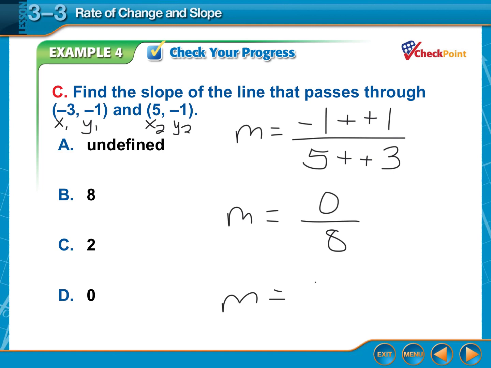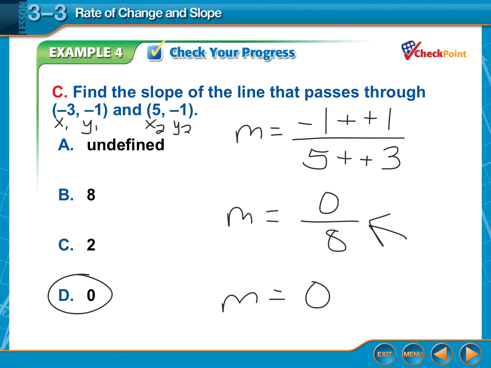0 divided by 8. Can you take 0 divided by a number? Can you do this? Yes, you can do that. But can I take a number divided by 0? No. If you've struggled with knowing this before, write this down.